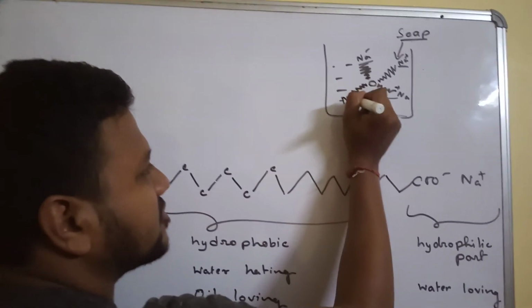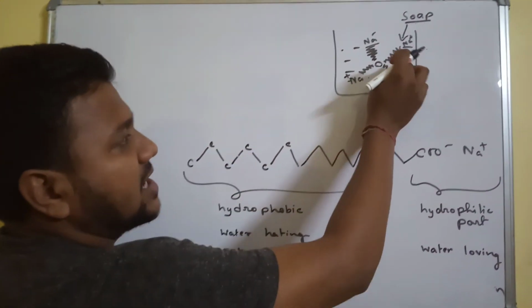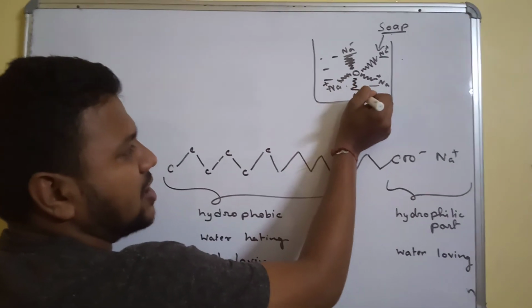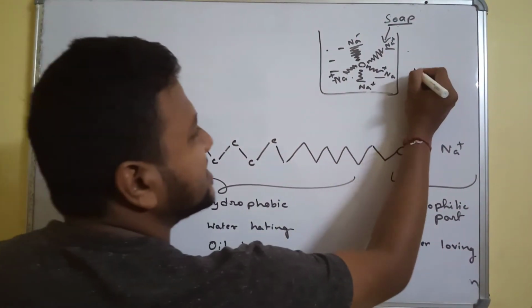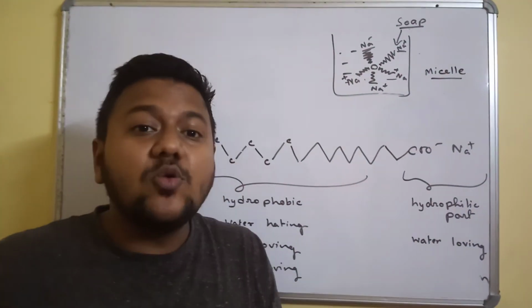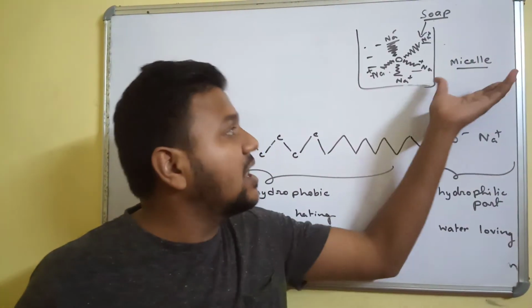All the dirt molecules present on your body will form such a spherical aggregate when they come in contact with the soap molecules. This spherical aggregate is called a micelle, M-I-C-E-L-L-E.